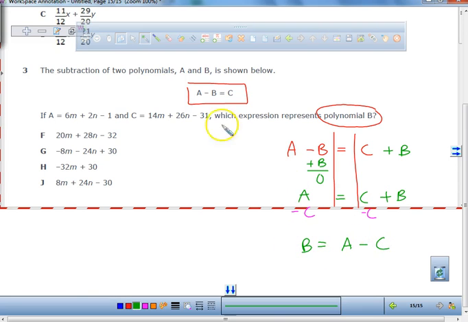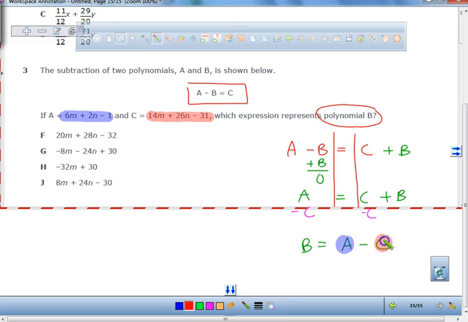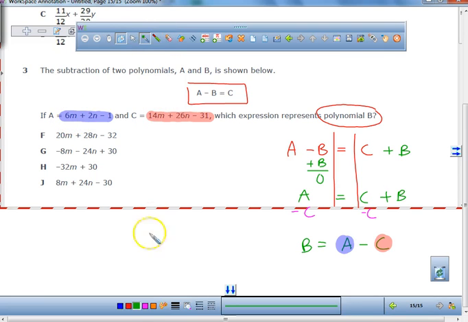Now what can I do? Now I can look over here. Do I know what A is equal to? Yes. Do I know what C is equal to? I do. So what do I have to do? I have to now take A, and what do I have to take away? I have to take away C. So here's what you would have to do.